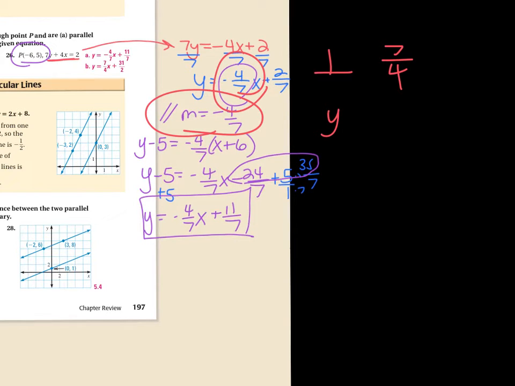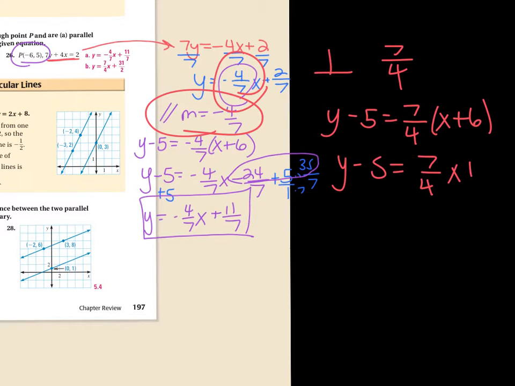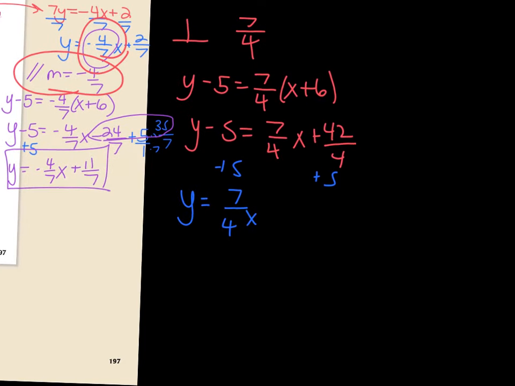So then I would do y minus 5 equals 7/4 x minus a negative 6. Y minus 5 would equal 7/4 x plus 42/4, and then I'd add the 5. Y would equal 7/4 x. Zoom in on that so we've got space on this side.